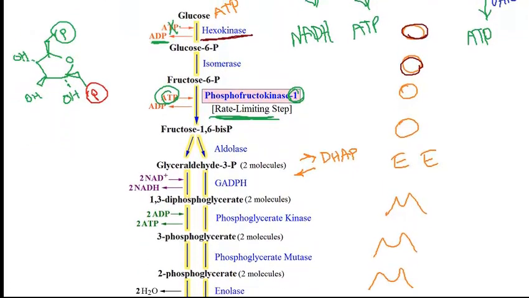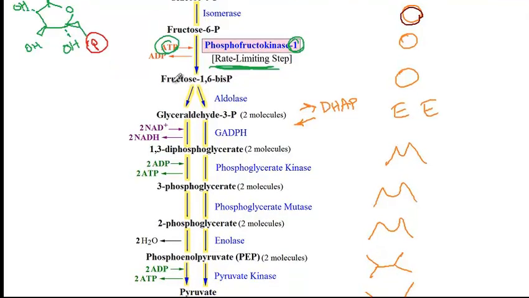With the help of aldolase enzyme, fructose 1,6-bisphosphate will be converted into glyceraldehyde 3-phosphate and dihydroxyacetone phosphate. And remember I said these structures have an E shape, so here let's draw them. First we have the glyceraldehyde phosphate and dihydroxyacetone phosphate.